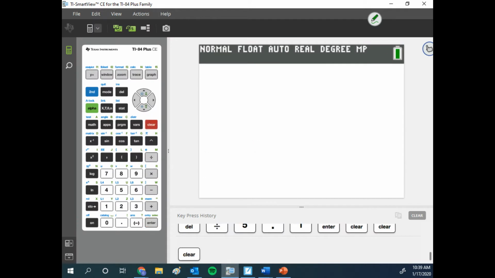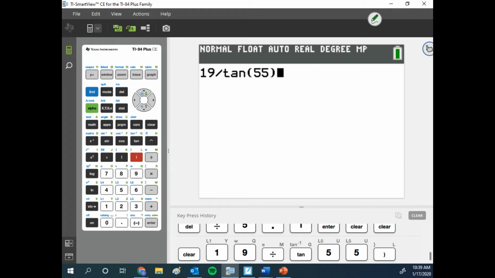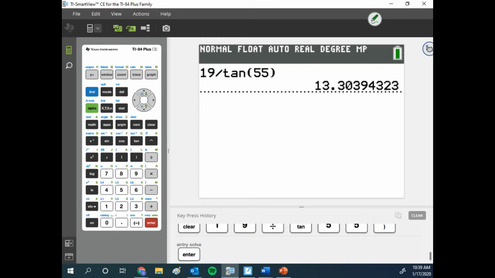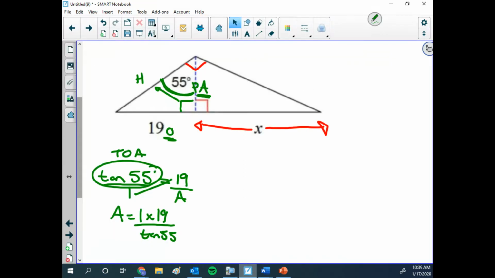I'm not using that reciprocal trig ratio, right? Because I'm not solving for an angle. So 19 divided by tan of 55 is going to give me 13.3. So that means this side length, I just figured that out, was 13.3 meters. And now they want me to go figure out X.